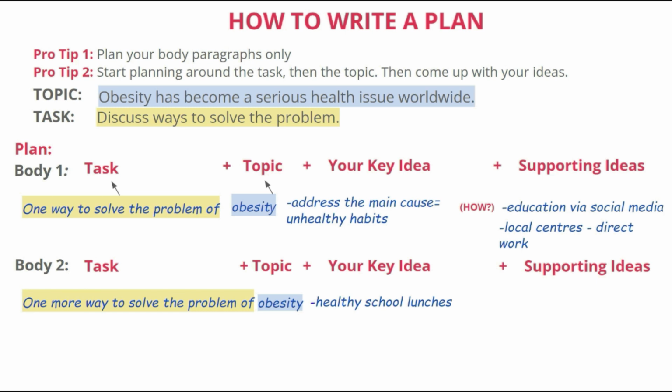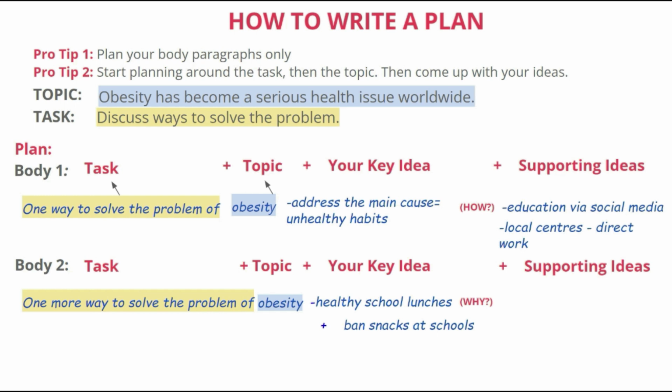I also think that it would be good to add another idea here, and my idea is that it's also important to ban snacks at schools, because obviously sugary snacks are unhealthy and may lead to obesity. Now I need to develop these ideas. I'll ask myself, why? Why are these ideas relevant or important? Why is it important to have healthy school lunches and to ban unhealthy snacks at schools?